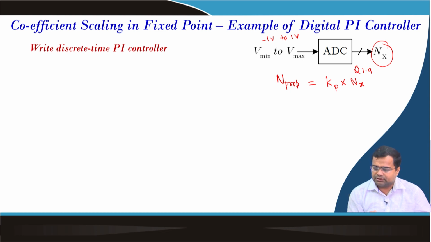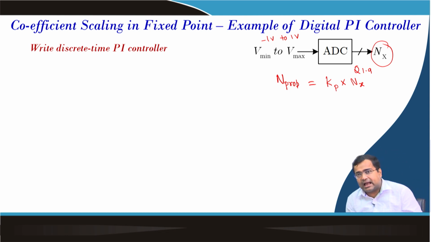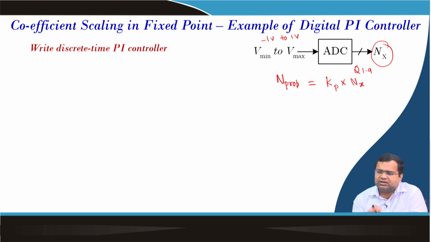So it is perfect. Now, the proportional gain I want to vary between 0 to, let us say, 3. So I am taking Q to be 4.5. 4 bits means I will leave 1 bit as 0, because the proportional gain cannot be negative. So 1 bit is gone and you have 3 bits, so you can get up to 8 using 3 bits, almost close to 8.